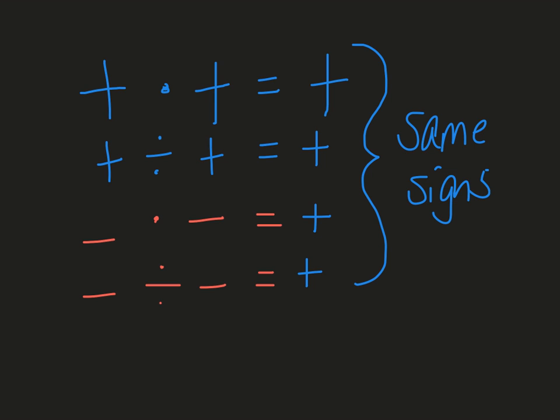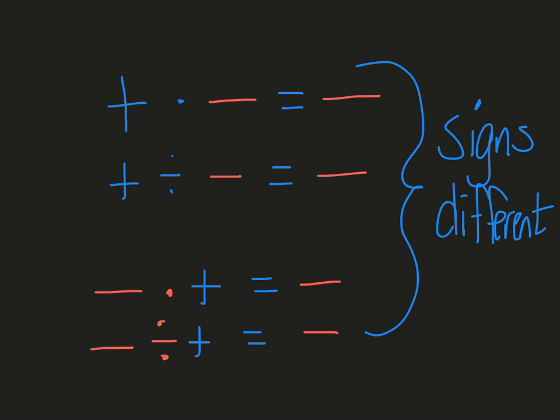This is for same signs. This is for multiplication and division. If you have a positive times a positive, your answer is positive. Positive divided by a positive is a positive. So I went ahead and included division on this. And then a negative times a negative is a positive. A negative divided by a negative is also a positive. So same signs, positive.